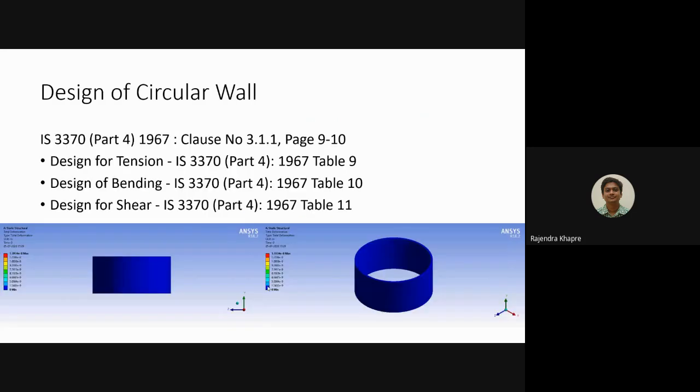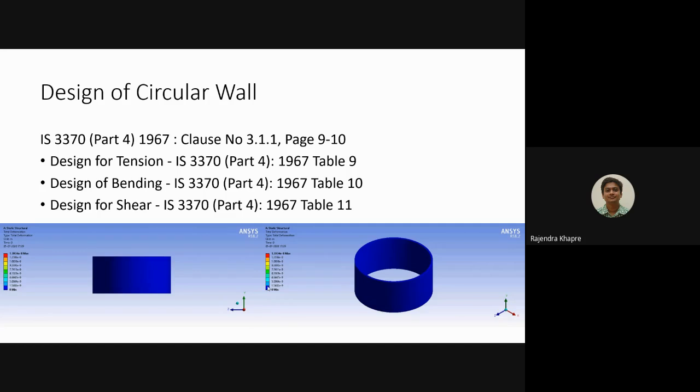Now let us see this circular wall. Any issue? Whenever there is water inside, the circular wall will be subjected to expansion, right? This expansion will be greater as you move down, because the water pressure increases.